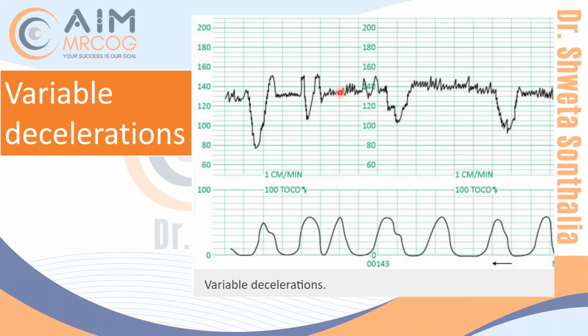If I take the baseline like here, it could also be. So anyway, 4 or 5 variable decelerations and 7 contractions in total. So it is more than 50% of the contractions, right? And if they had given me a 30-minute trace, I can make a decision for this. Or if they give me an IUGR baby or something concerning, even this is significant for me.